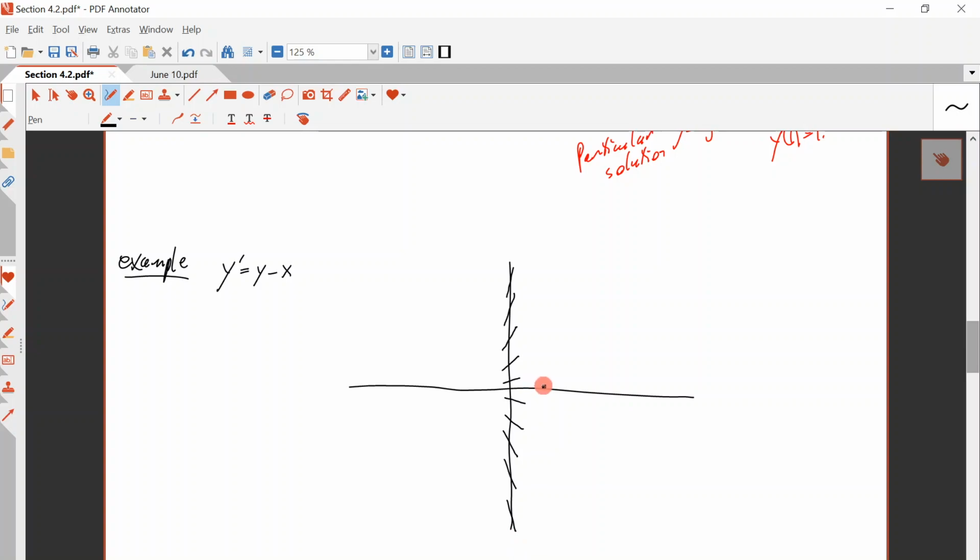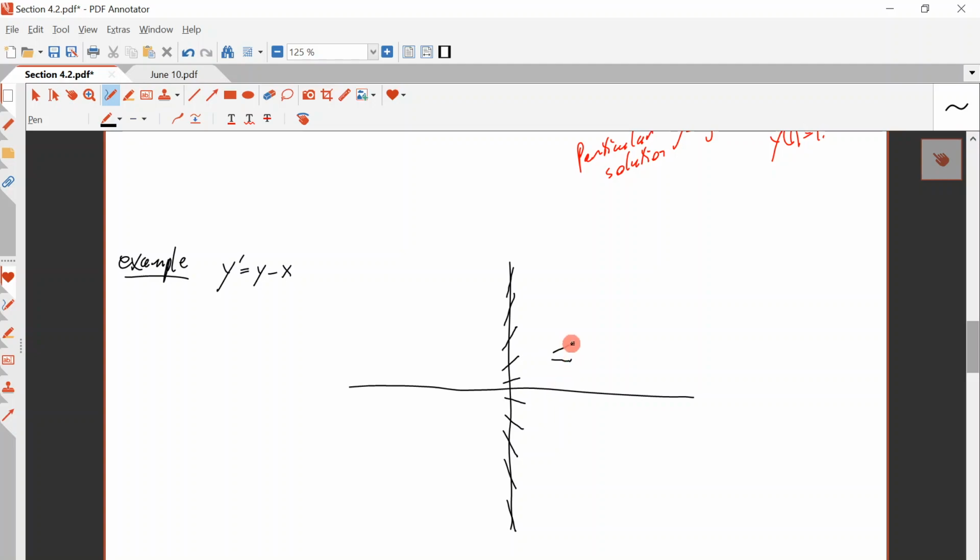Now for x equal to 1, the slope is y minus x. So what it does is it shifts this up 1. Here you have a slope of 0 at y equal to 1. So this is x equal to 1, y equal to 1.